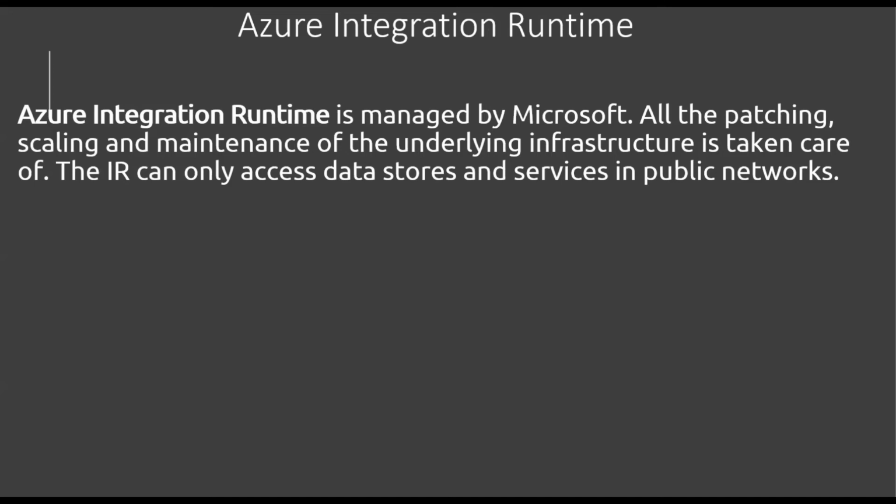When you run your pipeline, whether it needs to scale down or scale up based on the data processing requirement, everything is done by Microsoft, like maintenance. And suppose one data center is not working, it relocates to a data center near to that one. Everything is done by Microsoft in case of Azure integration runtime.